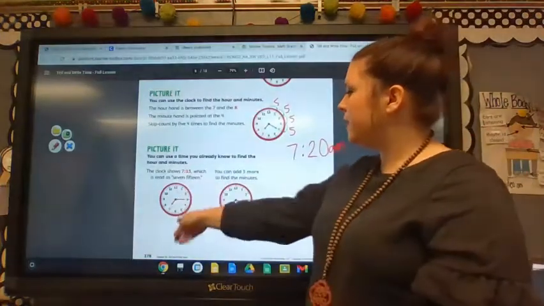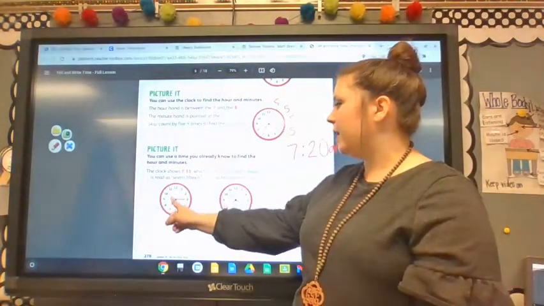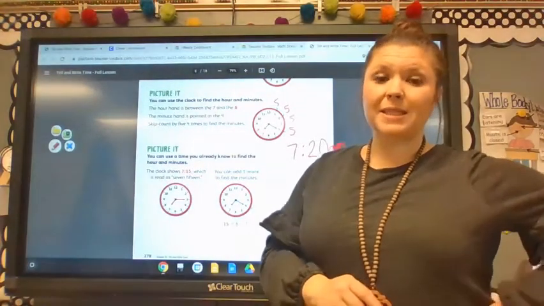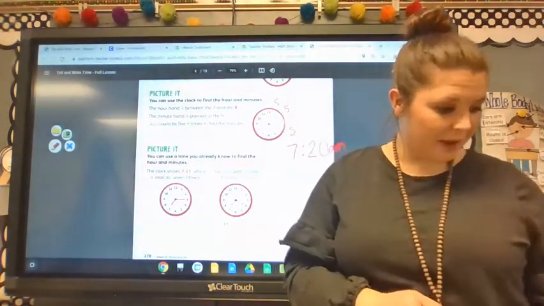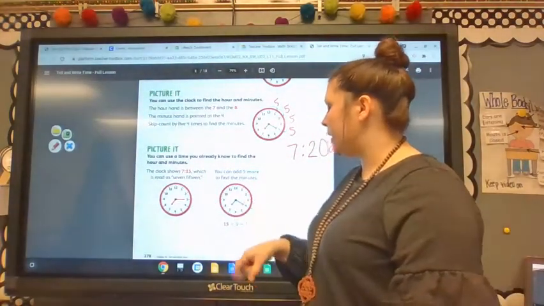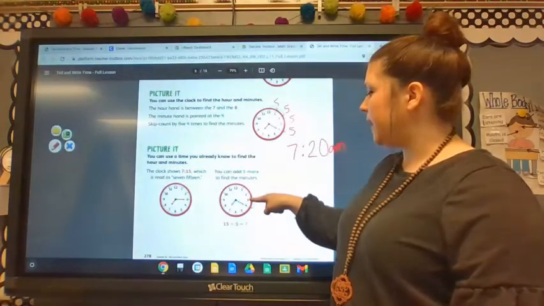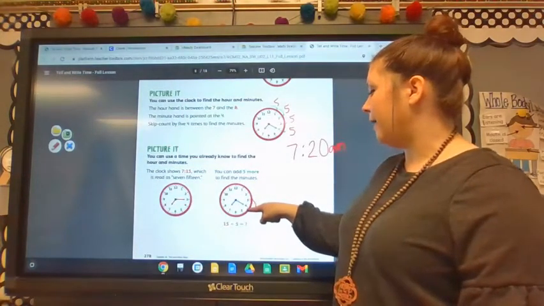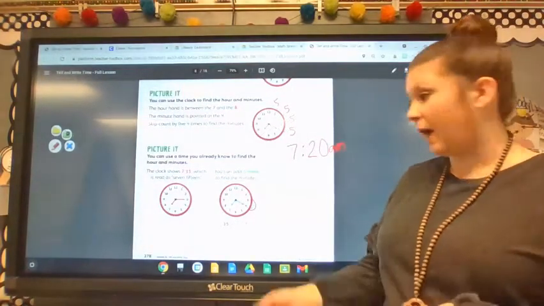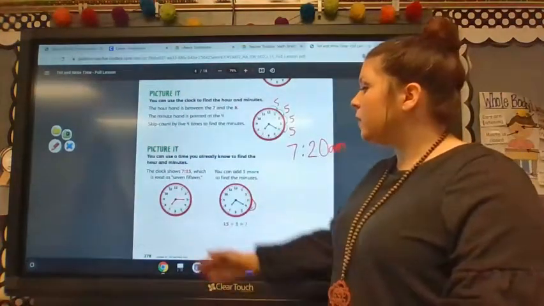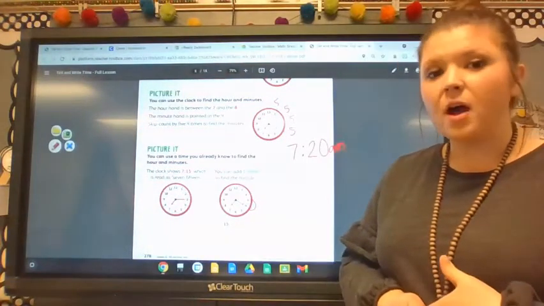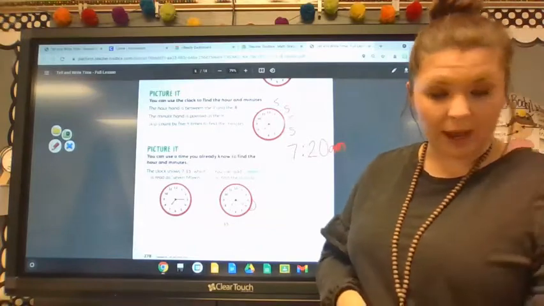So we know that this clock reads 7:15, or 15 minutes past 7, okay? Now, to get to 7:20, if we're at 7:15, all we would have to do is add 5 more minutes to show 20. So 15 plus 5 equals 20. So here is an example of using what we know to tell the time of 7:20, okay?